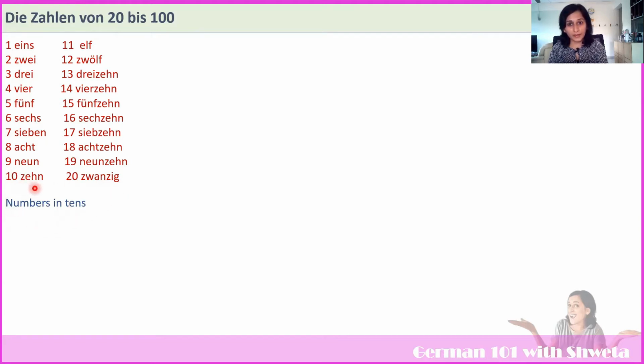We have already done 10, 20, then comes 30. Okay, 30. This has SZ here. It is not ending with ZIG. This has SZ. And I'm not explaining the meaning of these numbers because the numbers are just right there. 40, 50, 60.